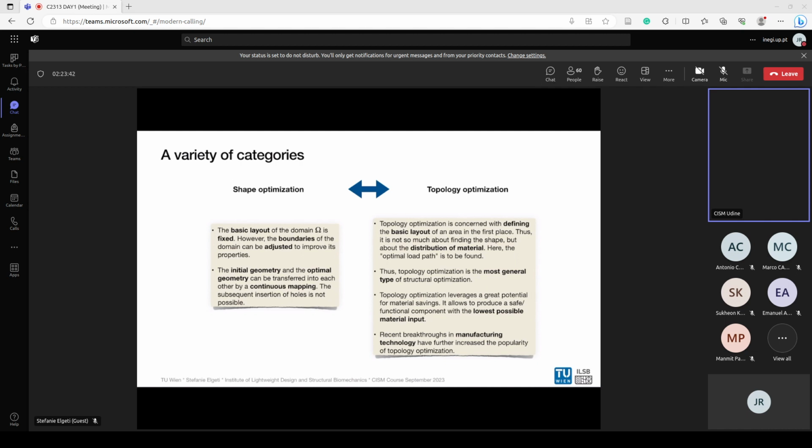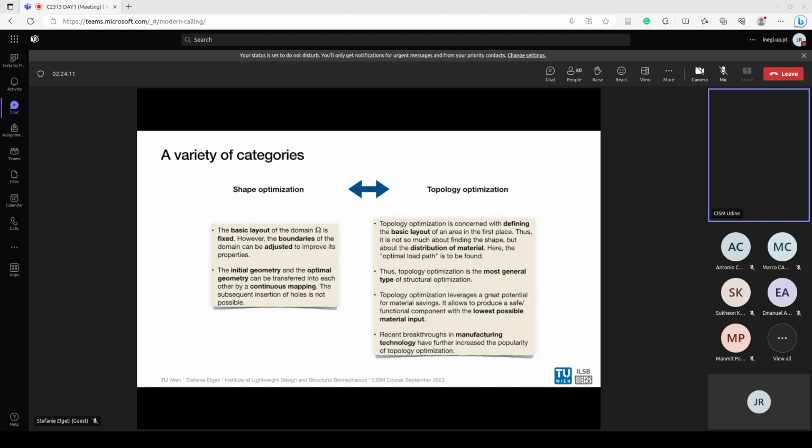Instead, topology optimization actually concerns itself with defining this basic layout. So it's not so much about finding the shape, but about distribution of material. And we want to find the optimal load path. So wherever our forces want to be transmitted, this is where we want to put material. So as such, it's the most general type of structural optimization that you can think of.